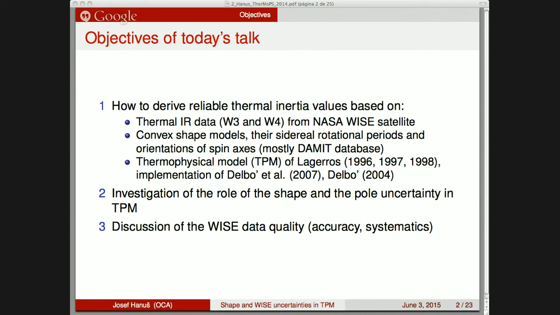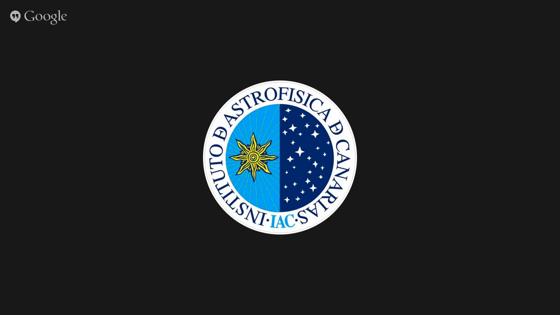Thanks to Marco and the other talks, most of my introduction has already been said. Just briefly, I'd like to show you the main difference between the thermal models and the thermophysical models. There are two main thermal models, the standard thermal model and the Near-Earth Asteroid Thermal Model.